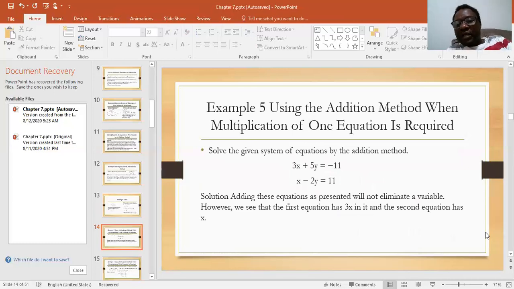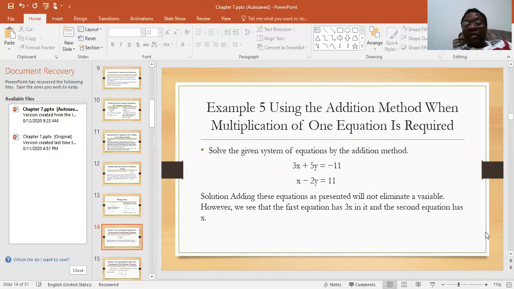If it happens that none of the coefficients has the same value, we look at the equations and determine how we can eliminate one of the variables. For example, if we want to eliminate x, we will multiply the second equation by minus 3 so that we have minus 3x in the second equation, and while adding, we will eliminate x.